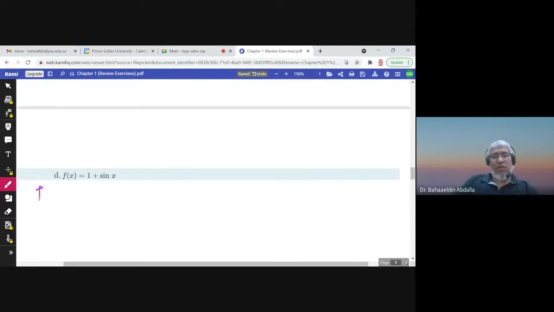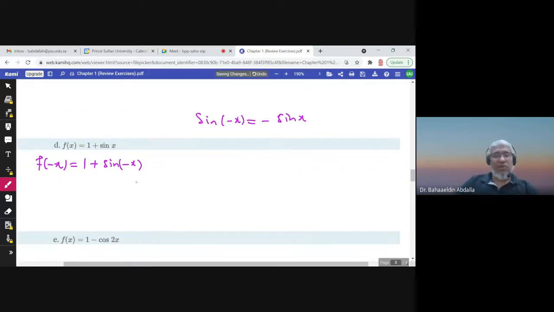For this function, let us find f of negative x. It is 1 plus sine negative x. And we know that sine negative x equals negative sine x. So in fact, sine x is an odd function. So this would be equal to 1 minus sine x.